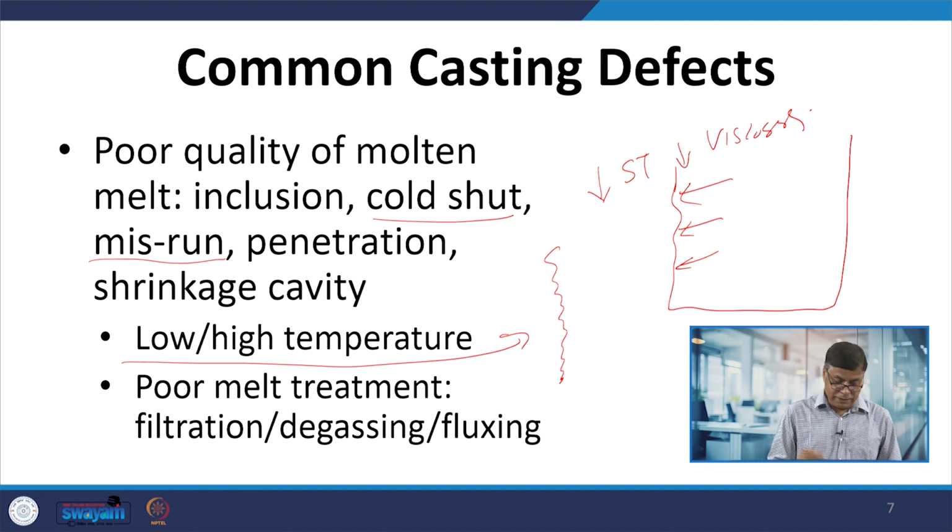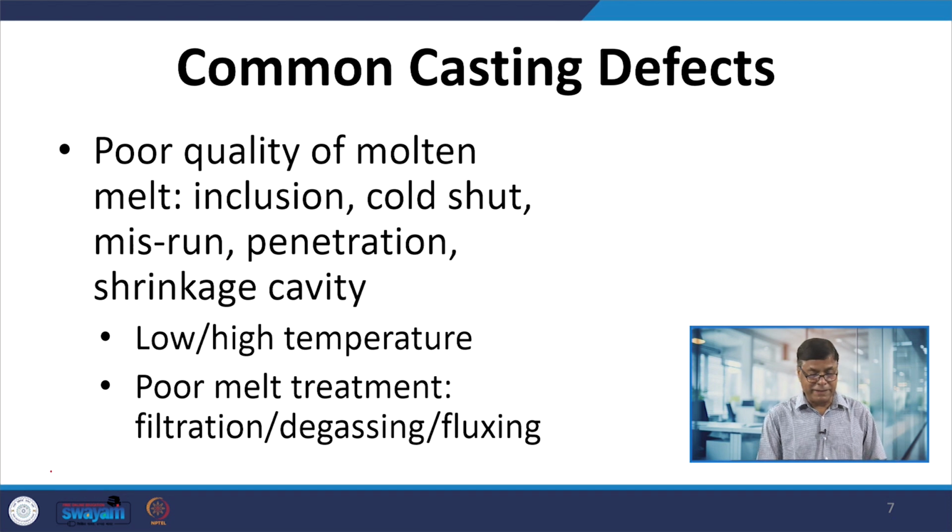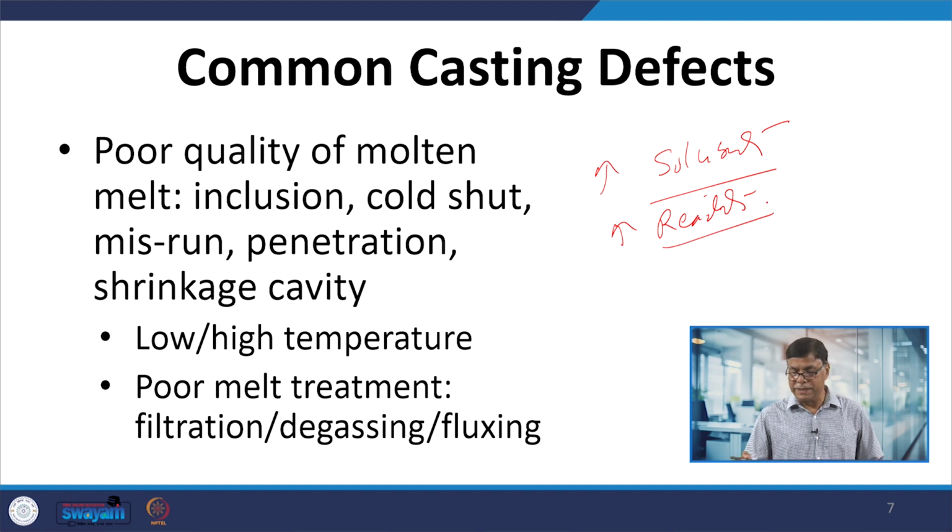Another way by which the high temperature will be affecting the casting is that increasing the temperature increases the solubility of the gases. Okay. And increasing the temperature also affects the reactivity of the metal with the gases.